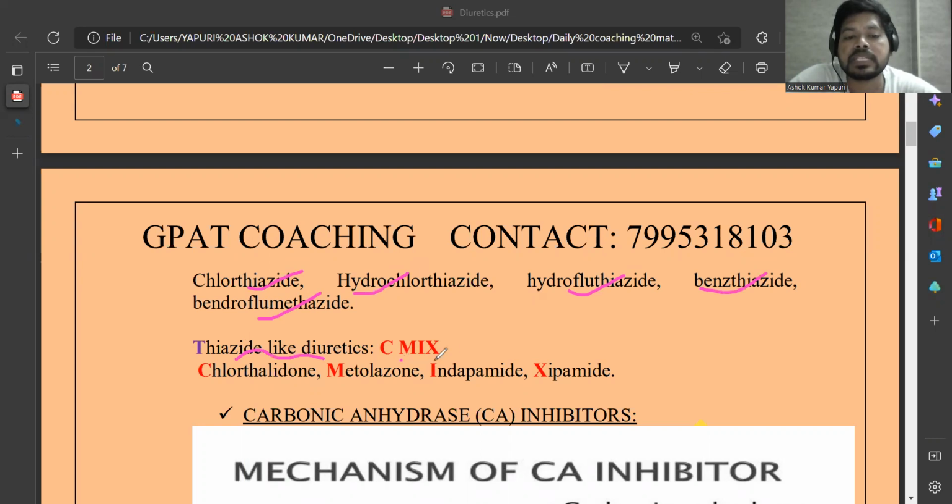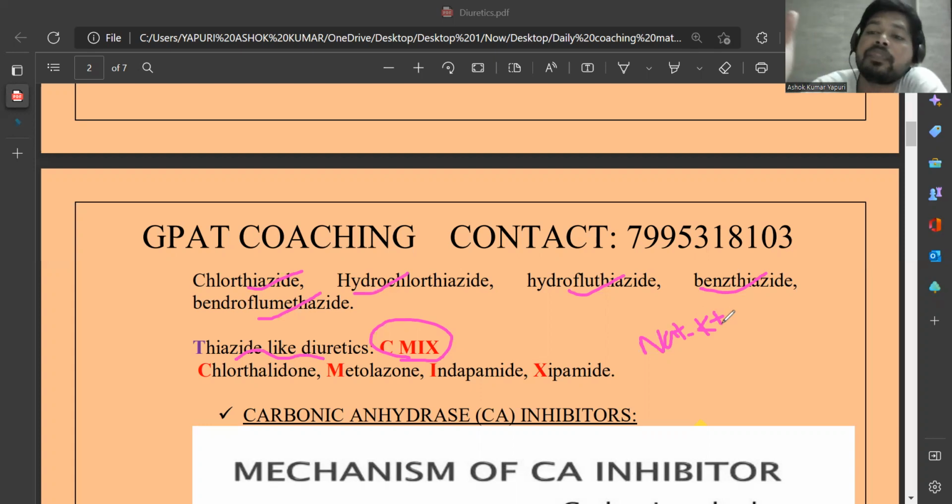The mnemonic is C-MIX. Here, thiazide-like diuretics have the same mechanism of action, that is, they block or inhibit the function of the sodium chloride transporter at the kidney, and prevent the entry of excess minerals into the body.